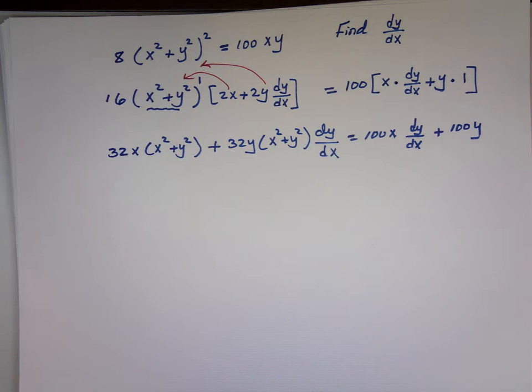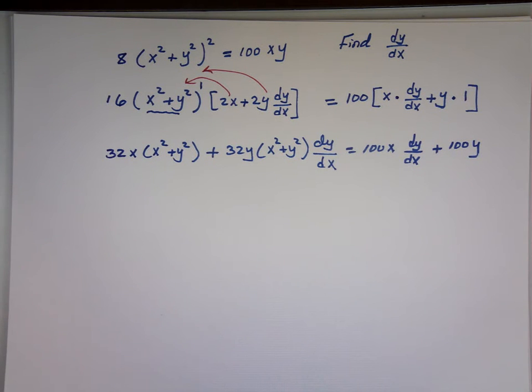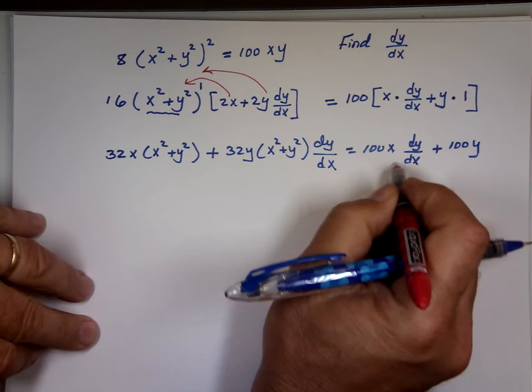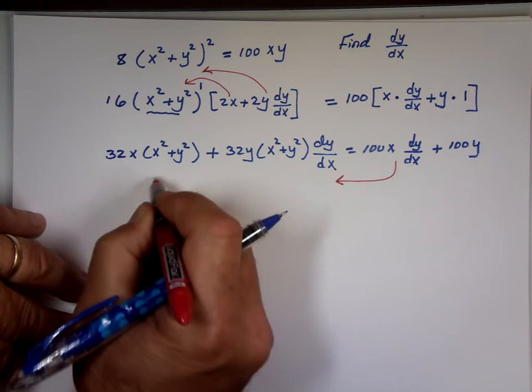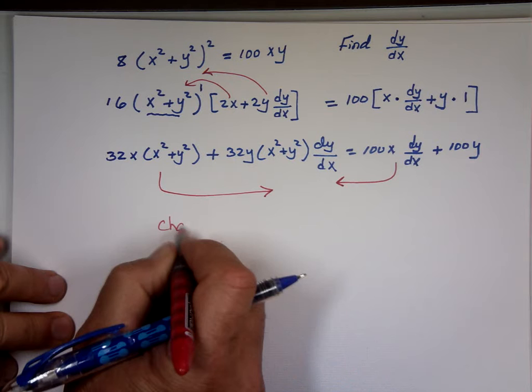Now all the terms with dy/dx, you want them on one side, and everything else on the opposite side. This one has to come to this side and that one has to go to that side. And when you change sides, you always change sign.